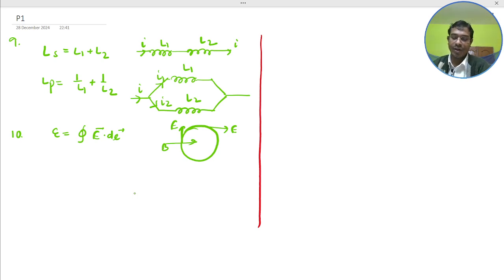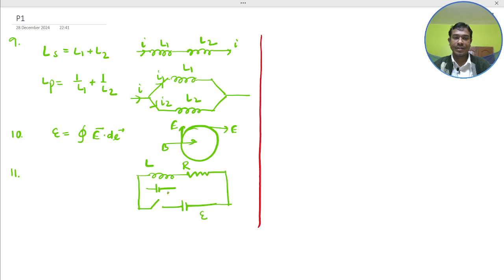So next one, the growth of current in an LR circuit. So for the LR circuit, this is an L in series with R with EMF epsilon, that is L and the R, and here the voltage difference is VL.